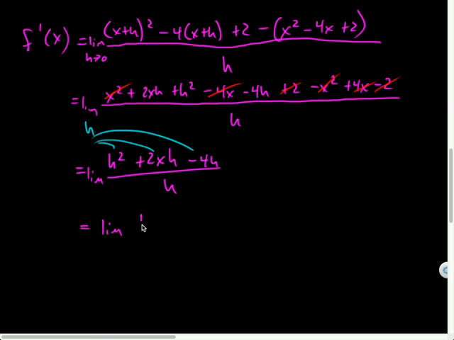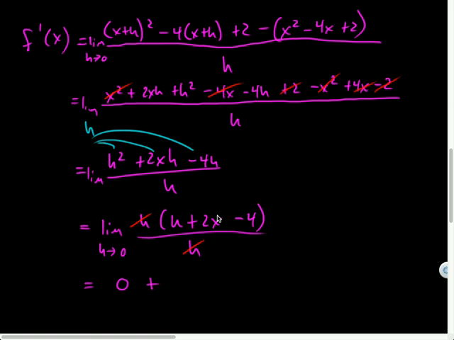So factor out an h. I'll get h times h plus 2x minus 4, all over h. The h's cancel. And I get, what is the limit as h approaches 0 of this? H is approaching 0.